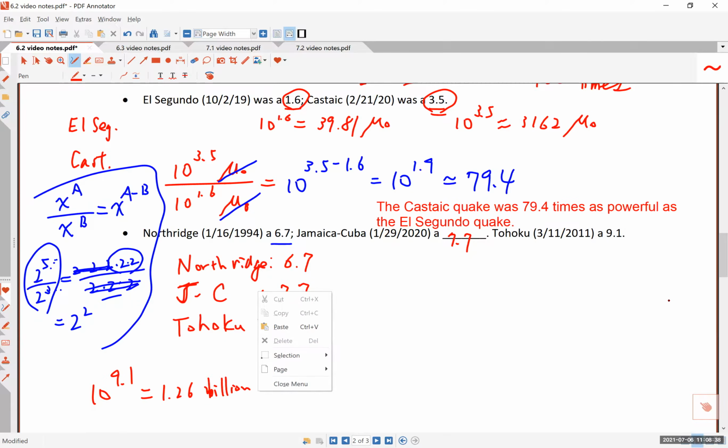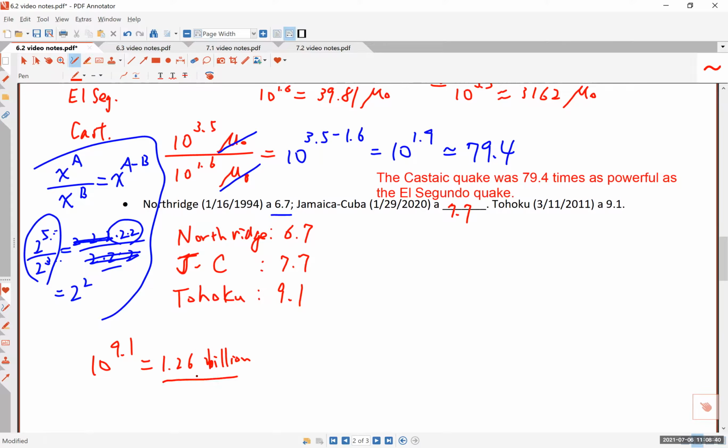So because the energy released by that earthquake happened to be about 1.26 billion times mu naught, the Tohoku earthquake registered as a 9.1 quake. That's one of the largest and most devastating earthquakes in recent history.